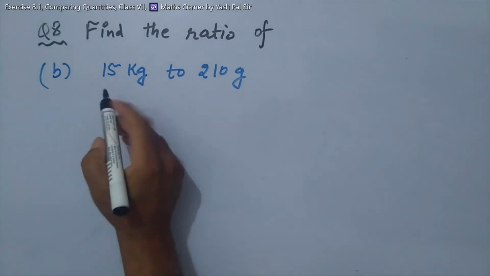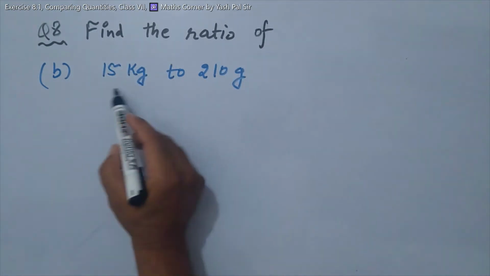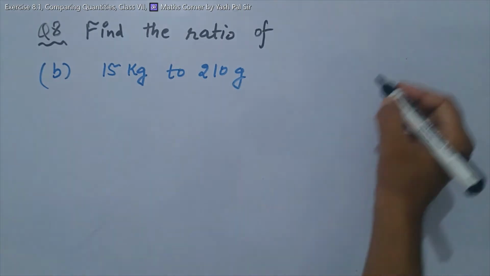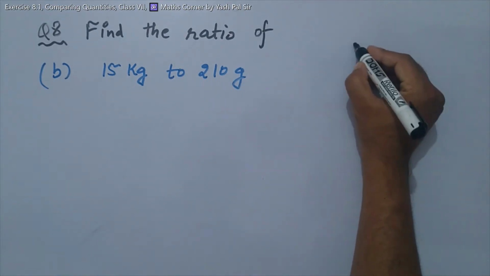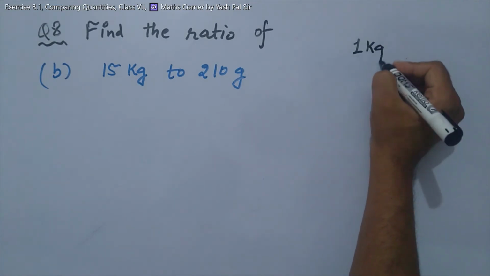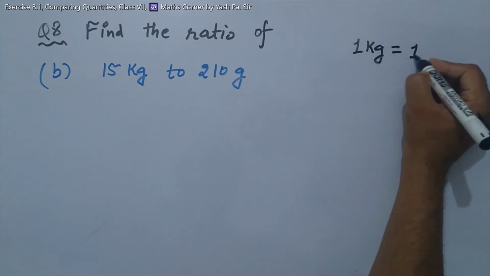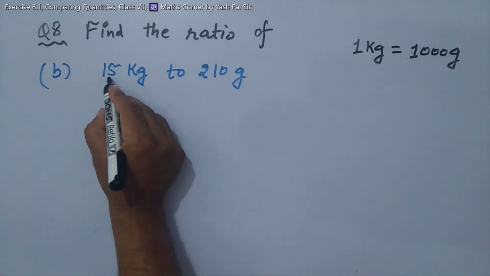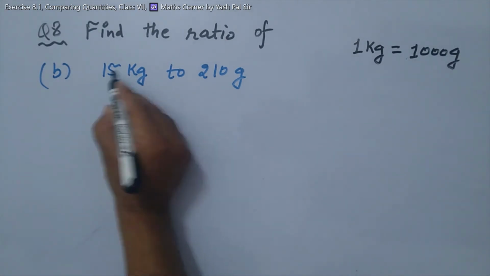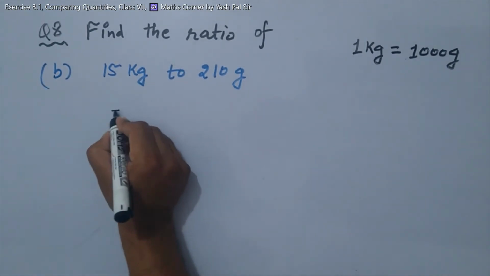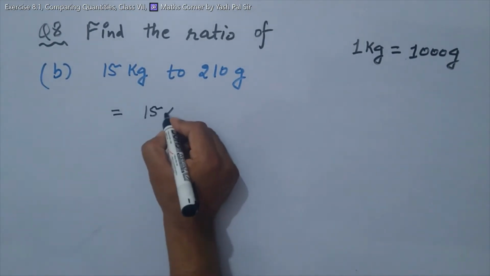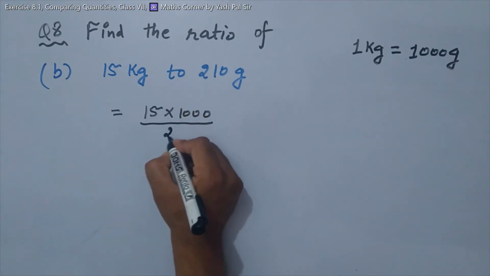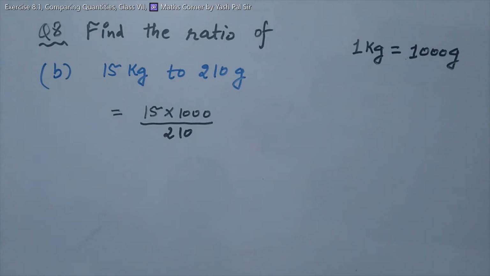Second, part B: find the ratio of 15 kg to 210 gram. First of all, we know that 1 kg is equal to 1000 gram. So we have to multiply kg by 1000. So this becomes 15 into 1000 divide 210.